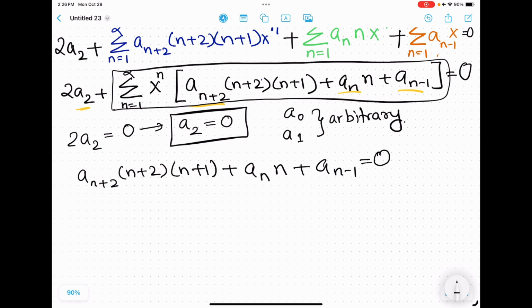Okay, so I have this, and now I want to isolate my a sub n plus 2 to find my recurrence relationship.